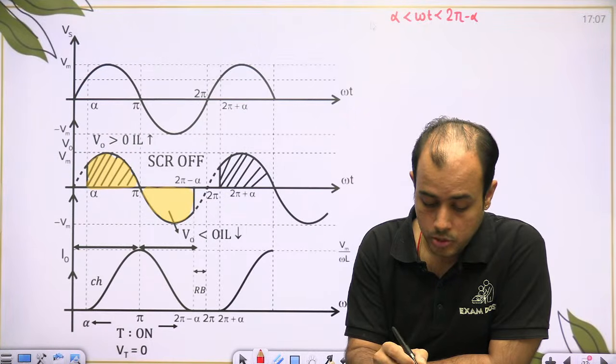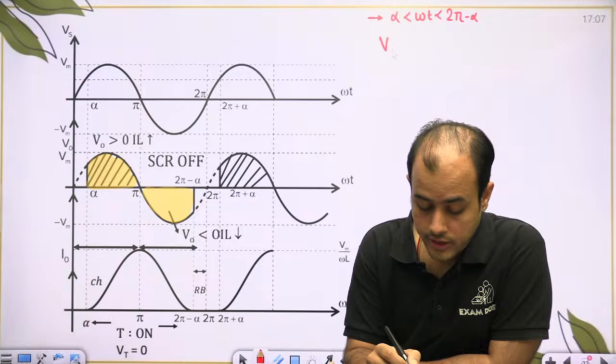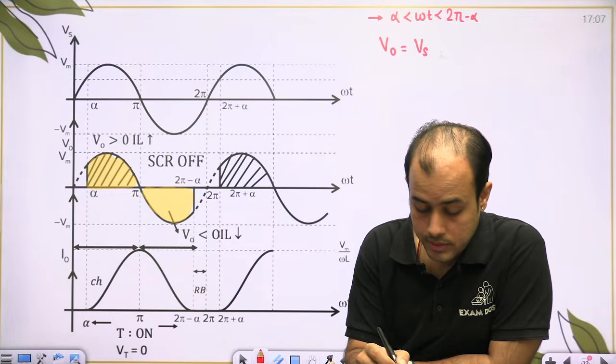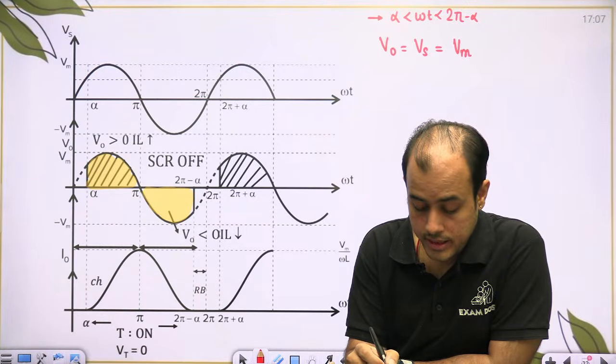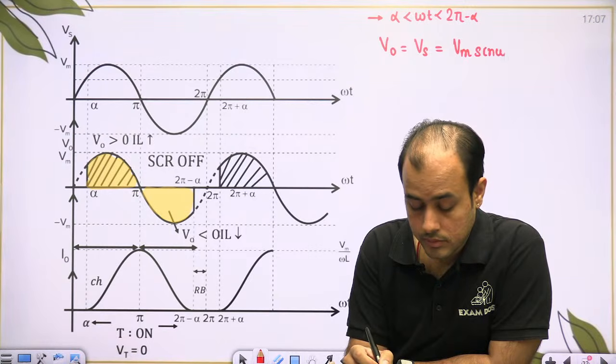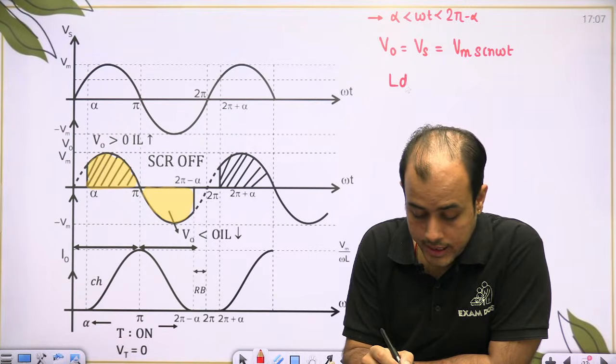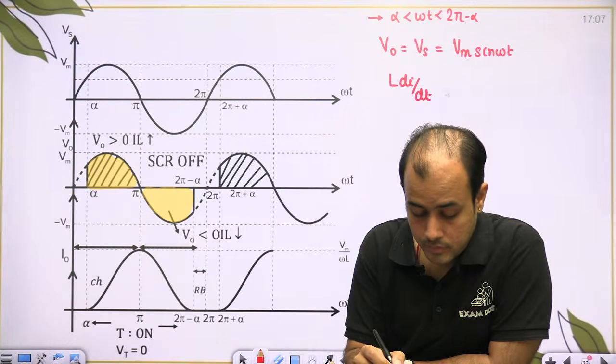that from alpha up to this, V naught is Vs, Vm sin omega t. So L di by dt is Vm sin omega t.